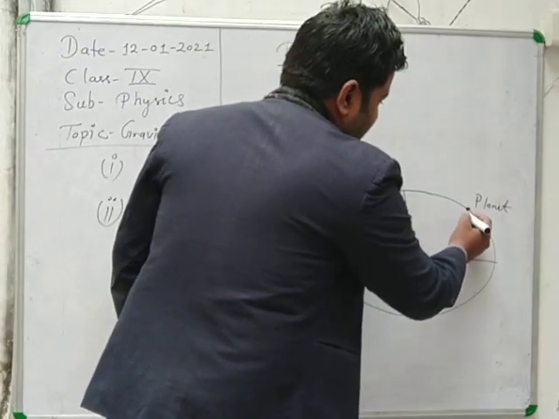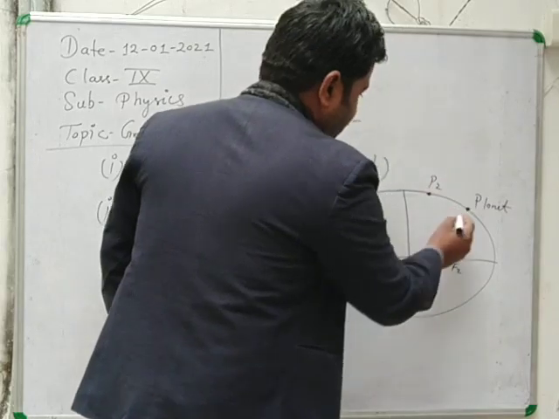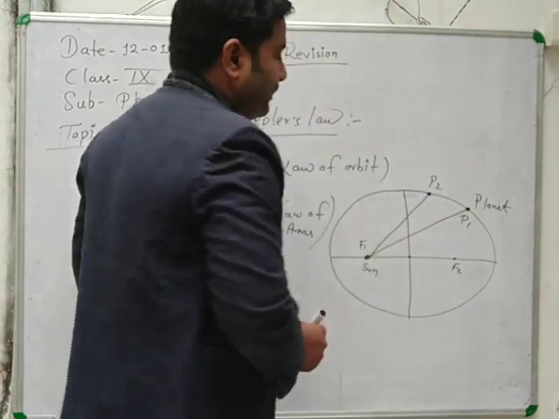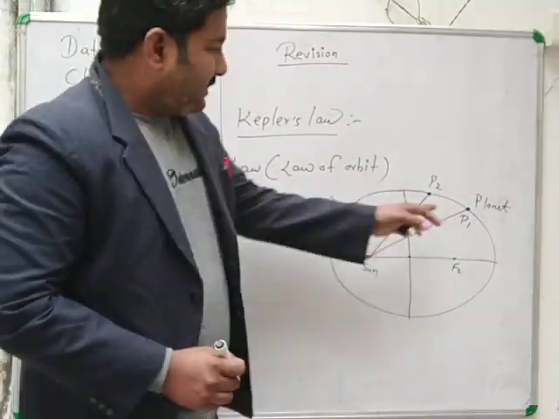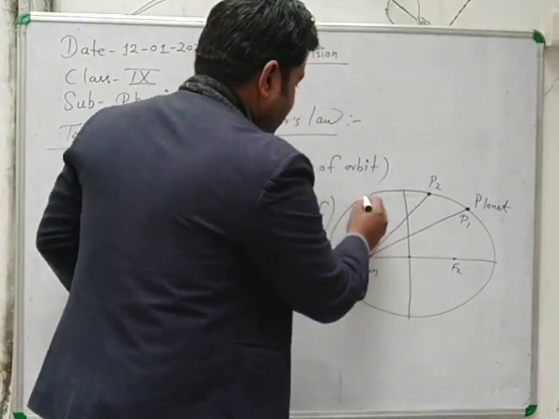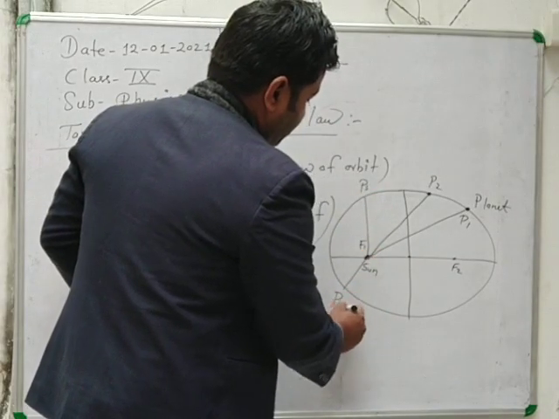Here this is the position of planet P1 and this one is the position of planet P2, and then joining P1 to F1 and P2 to F1. This is the line joining the planet to the sun, and same here, this is P3 and this one is P4.